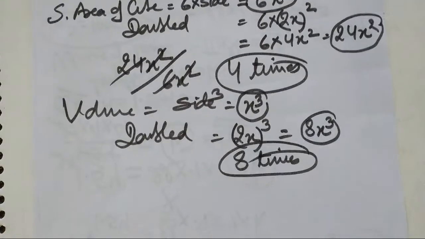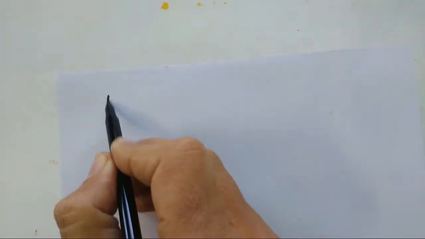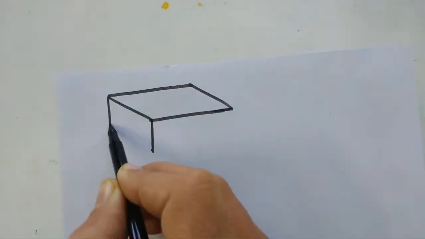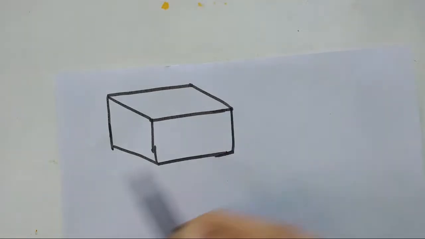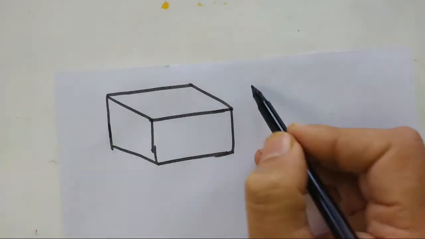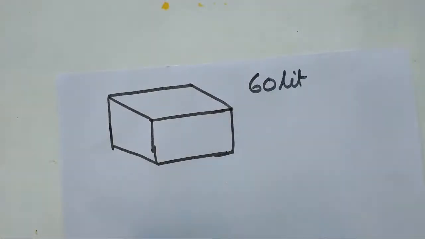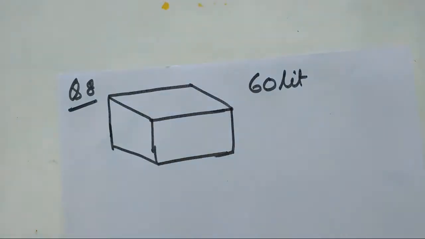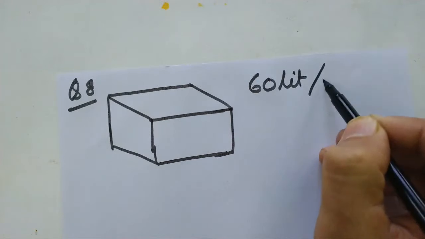Now question number 8 is important. There is a tank mentioned in the question, and in this tank the measurements are given. Water is pouring into this at the rate of 60 liters per minute.